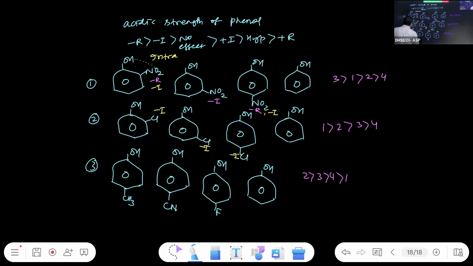The last one, CH3, shows hyperconjugation as well as plus I. CN shows minus R, and chlorine shows minus I. So the order is: minus effect is highest, then no effect, meaning normal phenol, then plus I. These are the answers. Take 1 minute and write the explanation also, then we'll move to the next page.